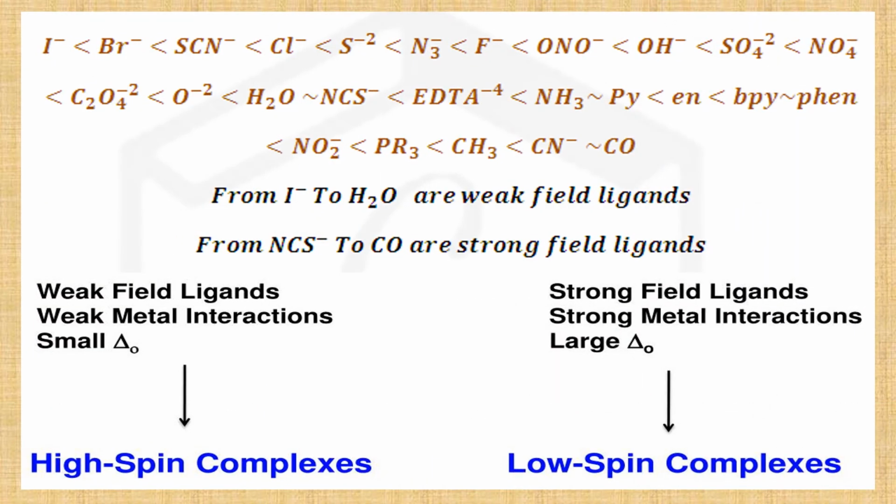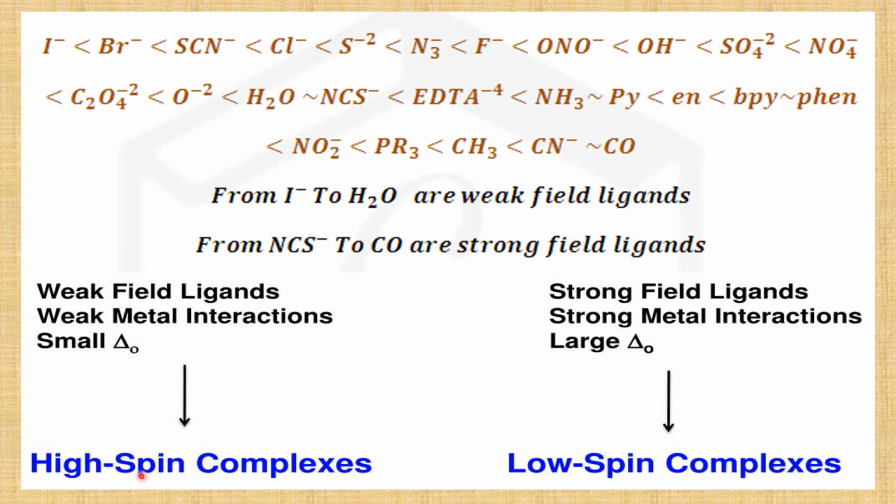See, I minus and Br minus up to water are weak ligands. That is one classification. From NCS to CO they are strong ligands. Weak ligands have only weak interaction, hence delta is very small. Delta is very small means it gives rise to high spin complexes. High spin complexes, that we will see later.